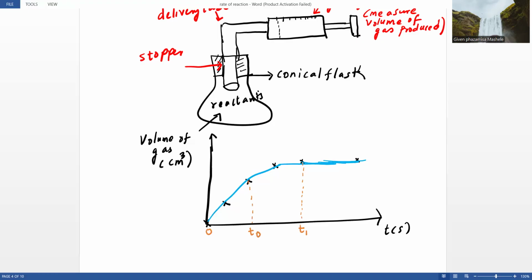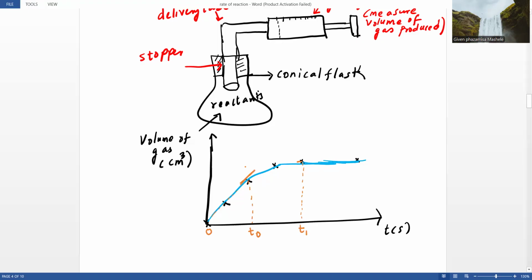You'll realize that the reaction is the fastest at the start, especially at this point here. But when time increases, the gradient becomes gentle.